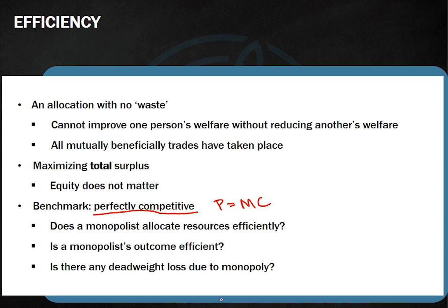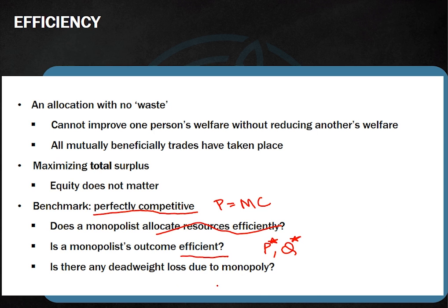Does a monopolist also allocate resources efficiently, or is the monopolist's outcome, which we saw in the previous video, that is, his determination of price and output, different from the outcome of the perfectly competitive industry? So is this combination of price and quantity efficient?